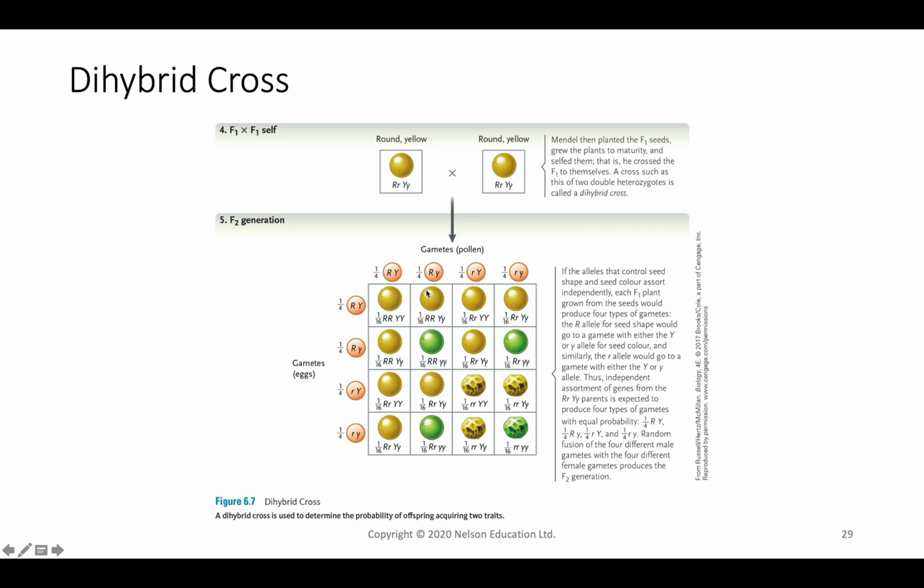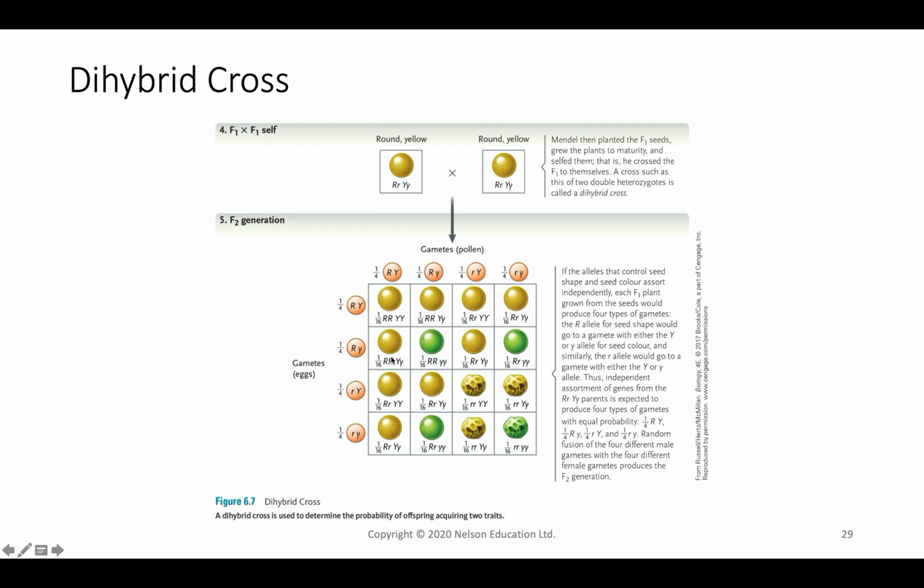In this case, we are going to have all dominant alleles. Here we have the lowercase r, lowercase r, lowercase y, lowercase y. Here we are going to have all recessive alleles. So 1/16 are going to be homozygous dominant for both, and 1/16 are going to be homozygous recessive for both. But the rest of them are going to be a combination of that, right? So we're going to have many different combinations of the R's and the Y's that allow us to become yellow and round.